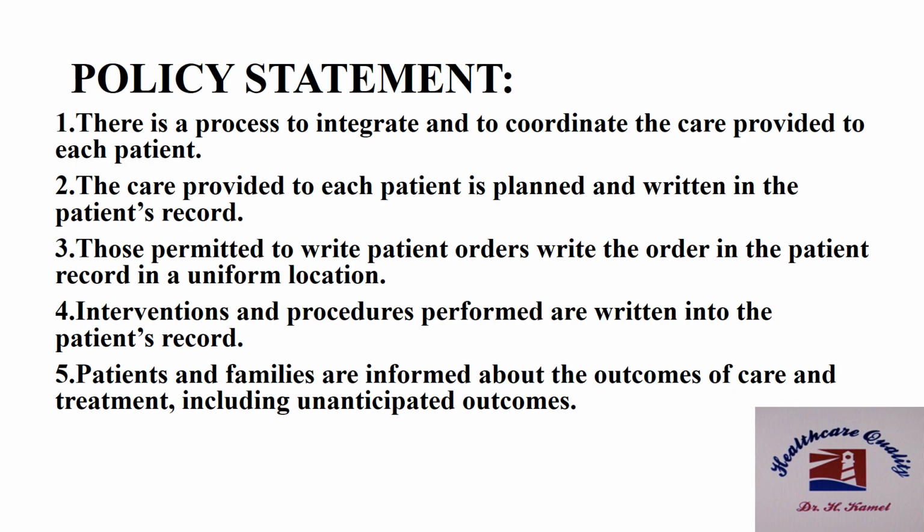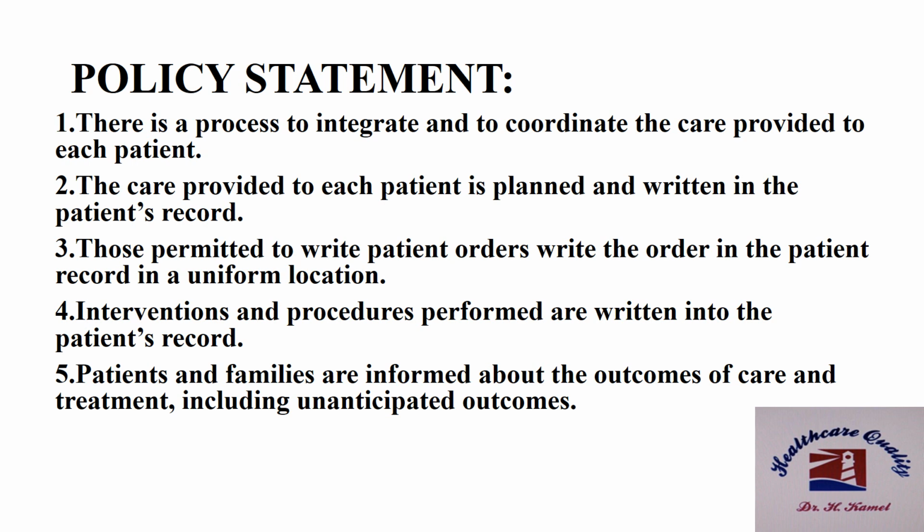Policy statement. Number 1. There is a process to integrate and to coordinate the care provided to each patient. Number 2. The care provided to each patient is planned and written in the patient's record. Number 3.